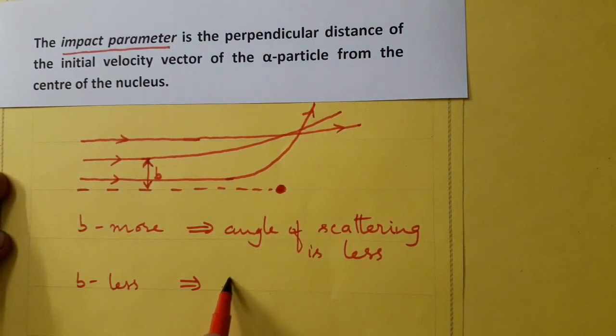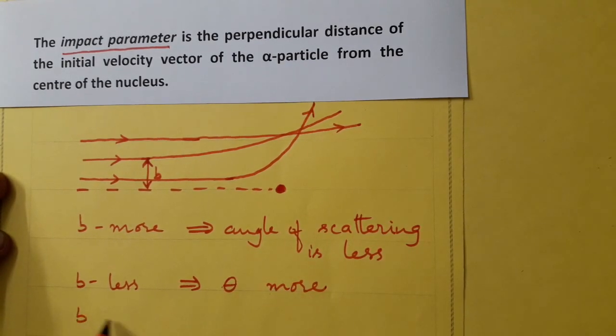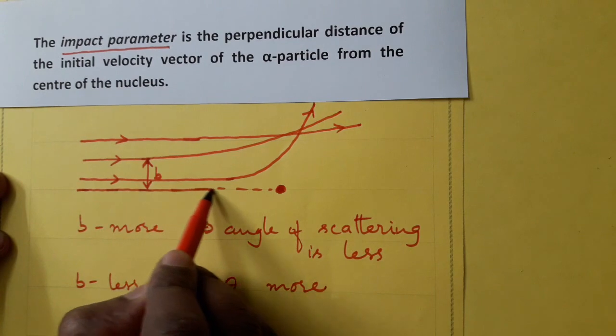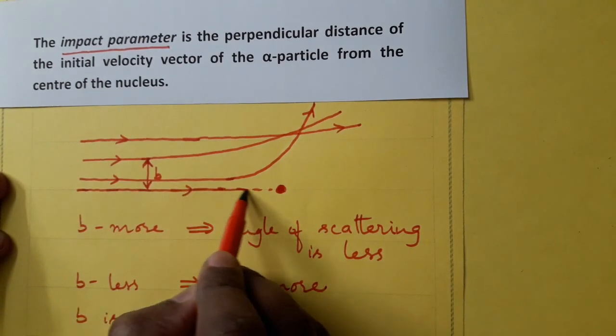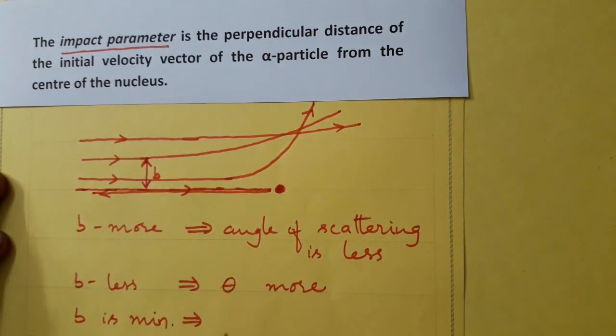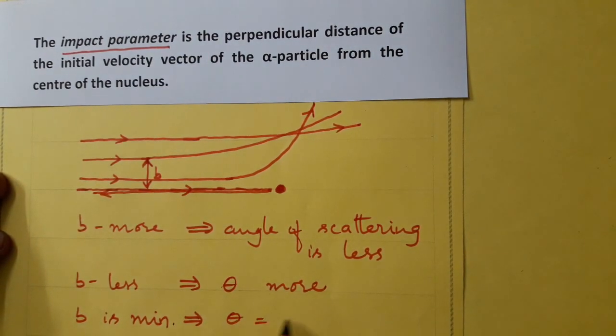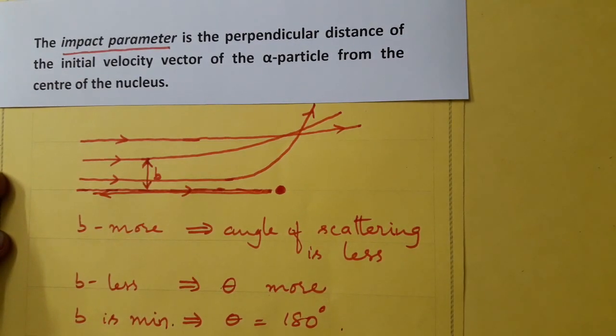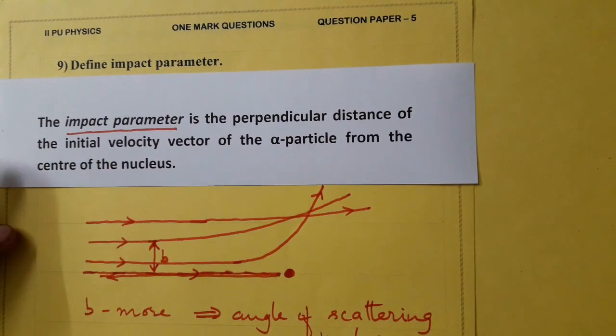So angle of scattering is more. If b is minimum, means if an alpha particle is moving along this line, then there can be head-on collision. As a result, alpha particle will retrace. This implies that angle of scattering is 180 degree. But for this question, this statement is enough.